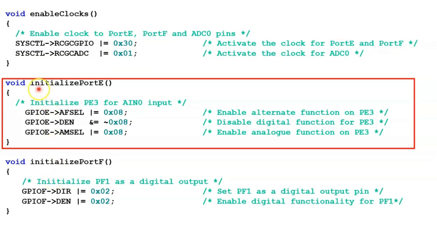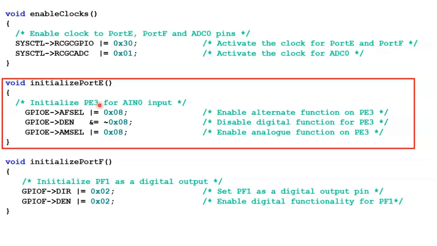Okay, so this is the initialize port E function. The purpose of this function is to configure port E bit 3, that is PE3, on the TM4C123G microcontroller to be used as an analog input for the analog to digital converter, ADC.